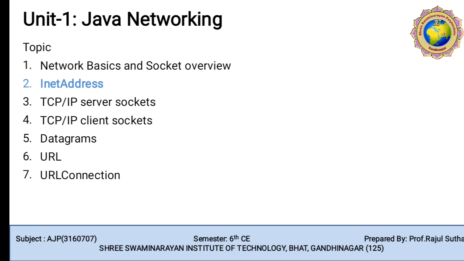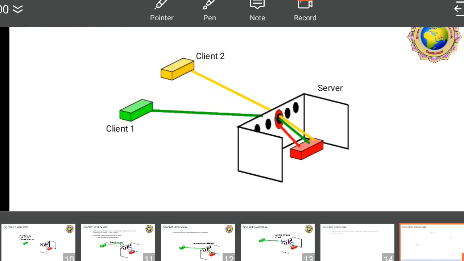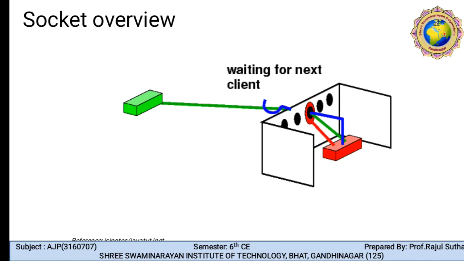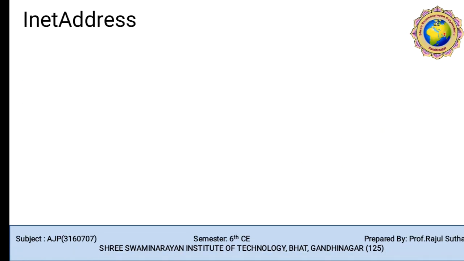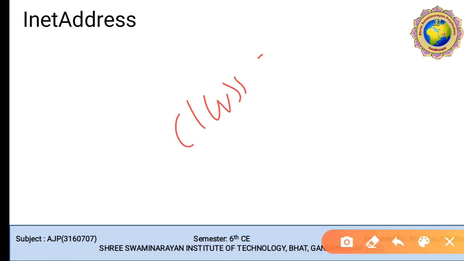And the last one is class E. Class E network is specially reserved for special use on the internet.